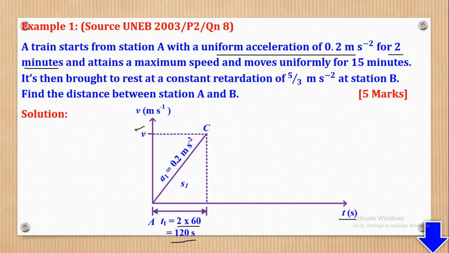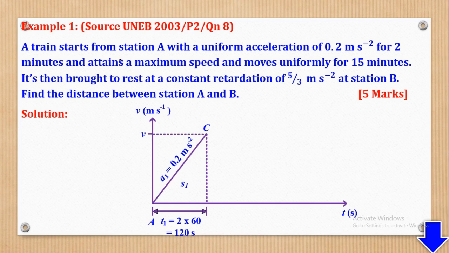Then this final velocity, we don't know it yet, so we shall call it a letter V to denote final velocity. So this is the acceleration from motion A to C. And now S1 will be the distance covered during acceleration.